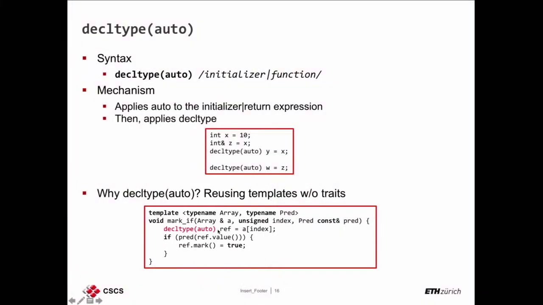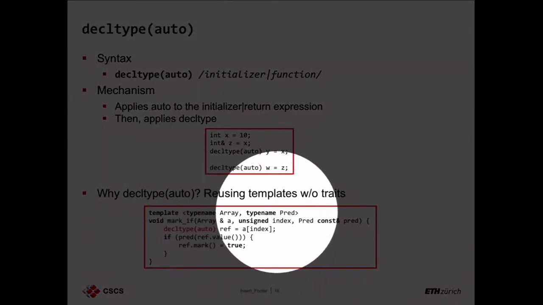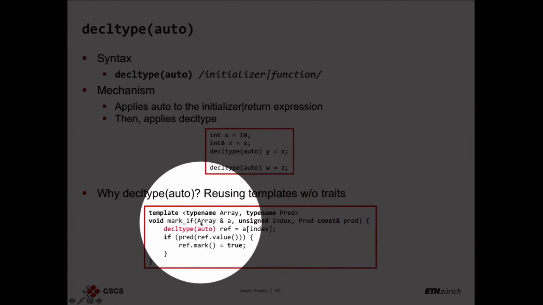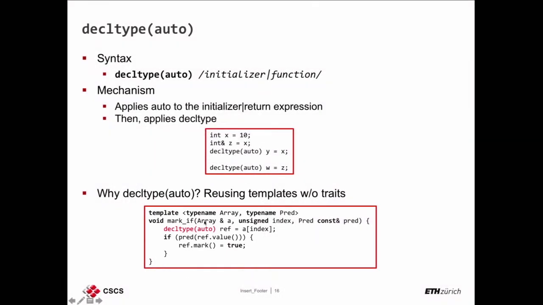So if I'm passing A as an array, as a C array, or even as std vector or std array, when I apply the operator square bracket, I get the reference to the element pointed to by that index. But now I want to use this function not with an array. I want to give something that behaves like an array, but actually is doing something completely different, even though it has the same semantics. And so this array type can be just a class or a proxy class.